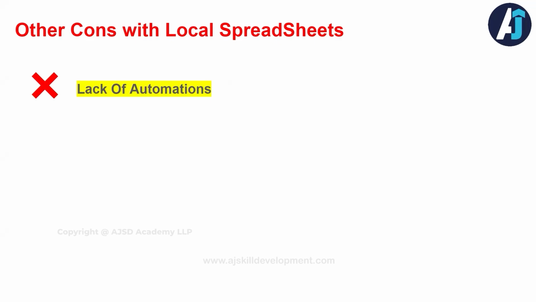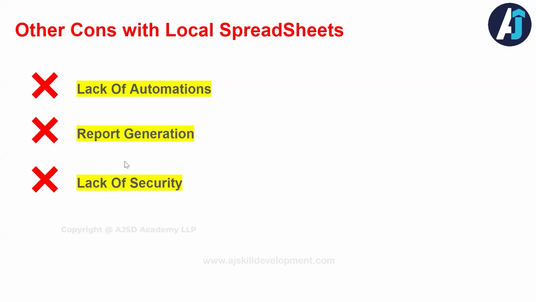Okay, so there is no automation. And also report generation. Say, for example, if I want to see how many test drive bookings have been made last week or last month, and how many people have bought the car after the test drive booking, this kind of report is not possible with the help of local spreadsheets. Right, it's not possible.